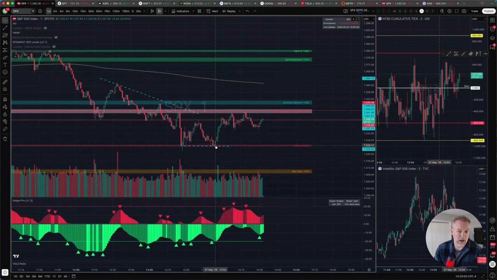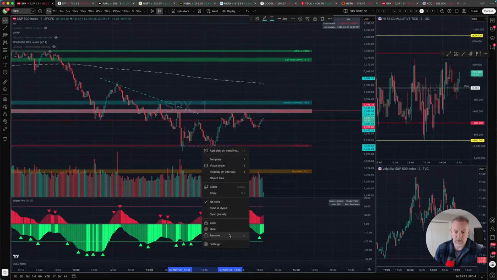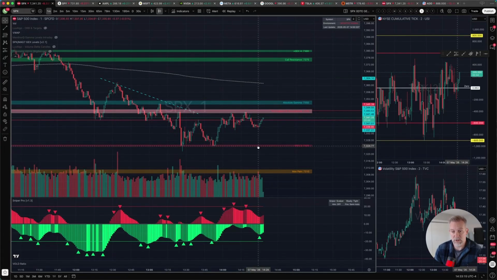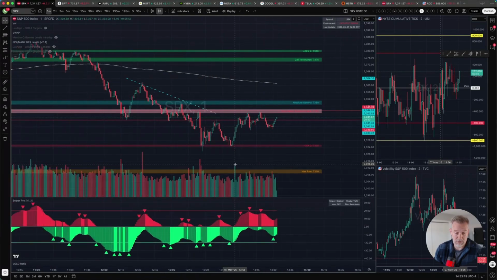So a double bottom off of a gamma exposure level, boom, just ride that back up into that put support level. It does give you these levels in which to take shots off of, and for today specifically, they've been working really well.